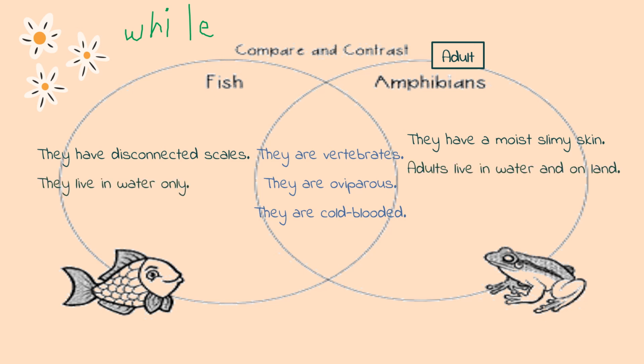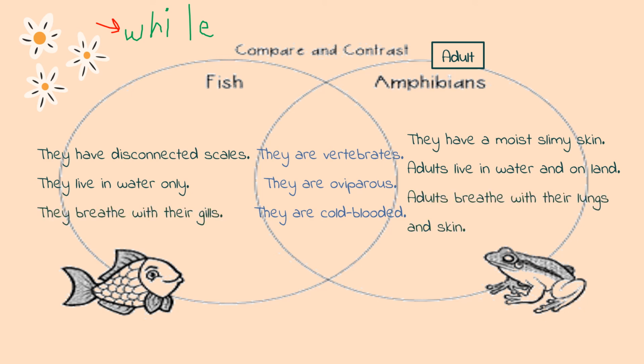Fish live in water only, while adult amphibians live in water and on land. Fish breathe with their gills, while adult amphibians breathe with their lungs and skin.